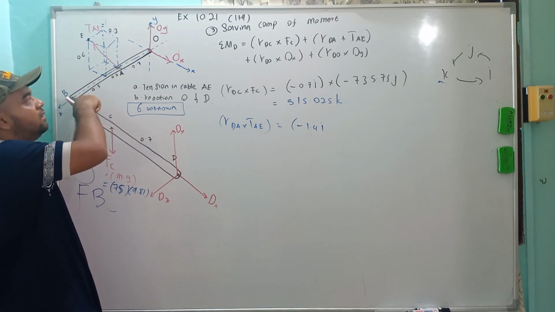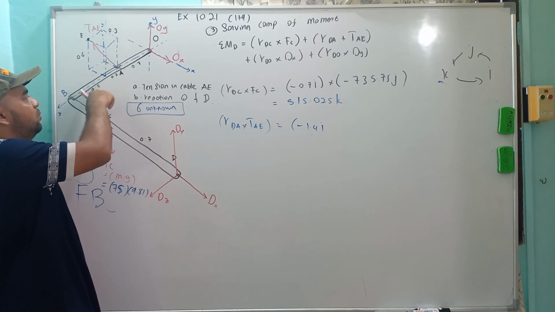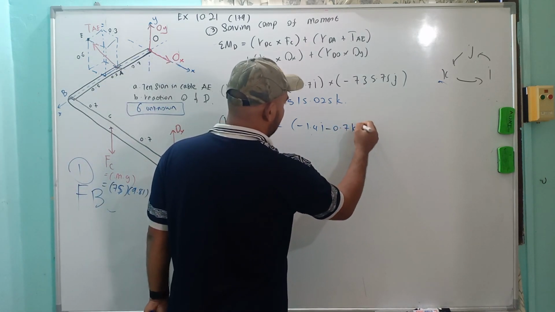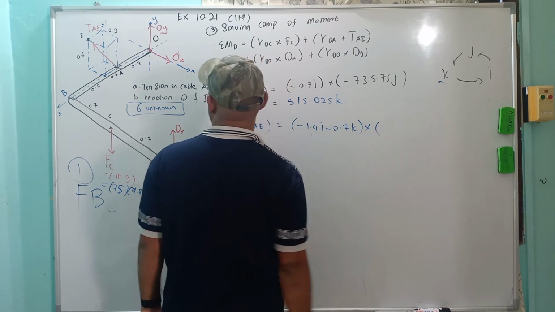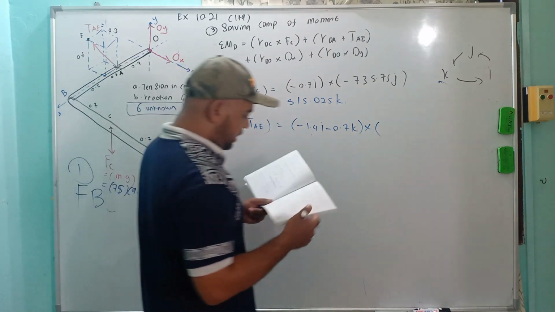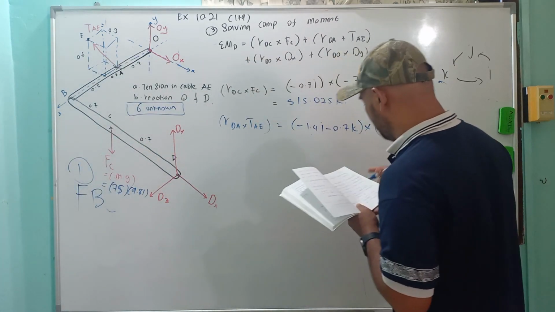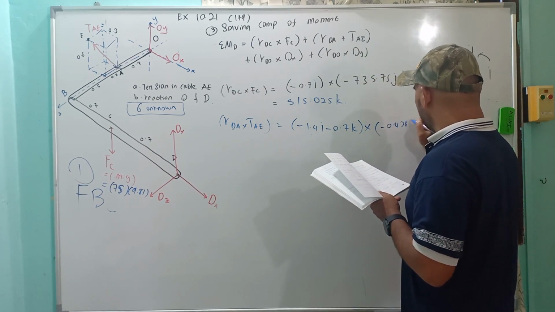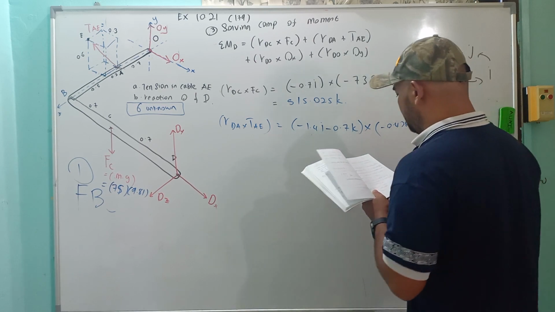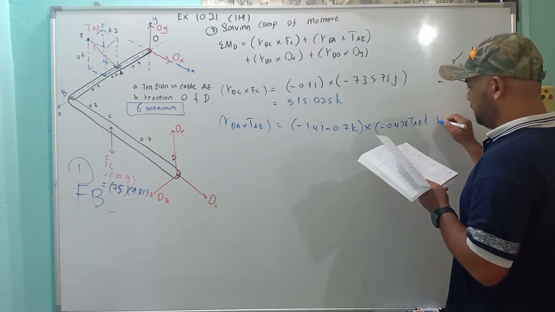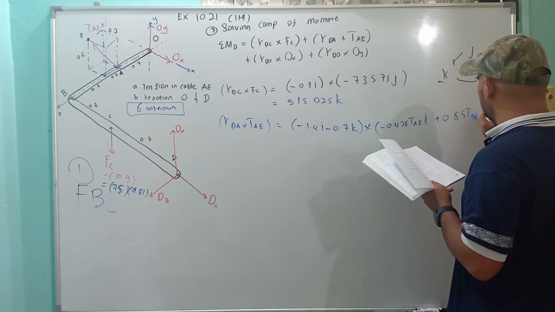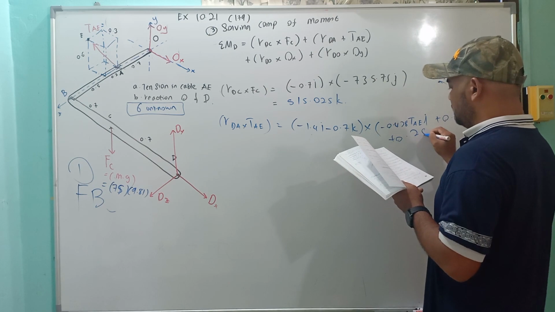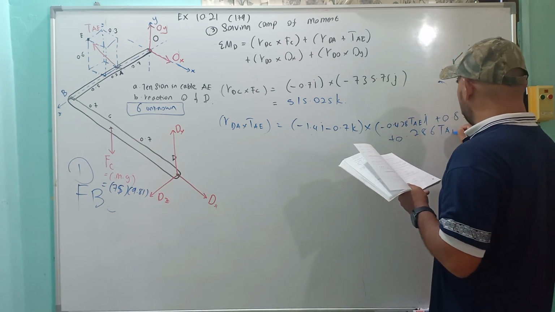Also negative in Z, which is 0.7, 0.5, 0.2, minus 0.7 K and 0 on Y cross TAE, we have here the TAE minus 0.428 TAE I plus 0.85 TAE J plus 0.286 TAE.